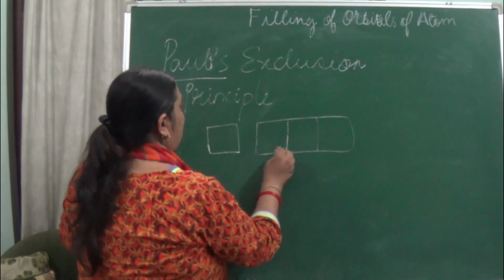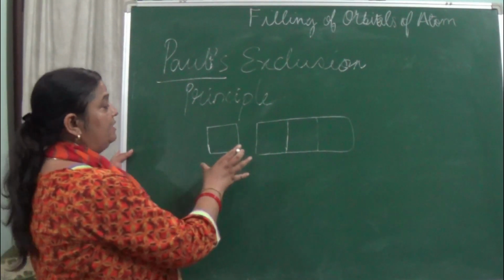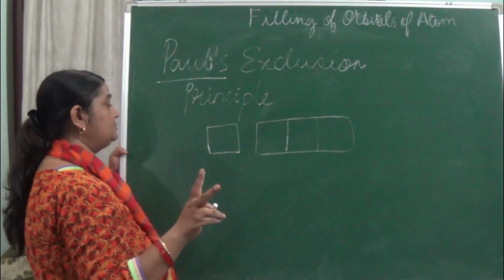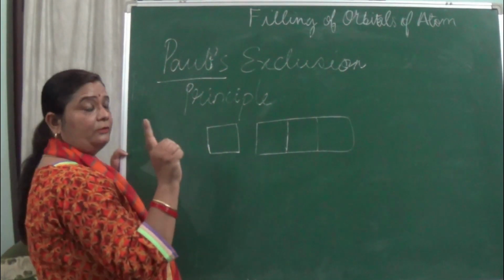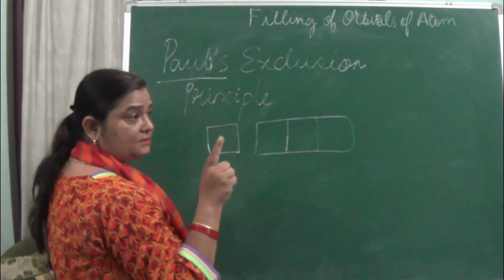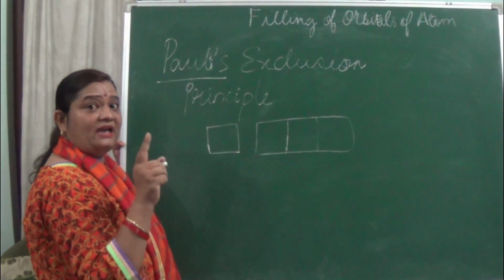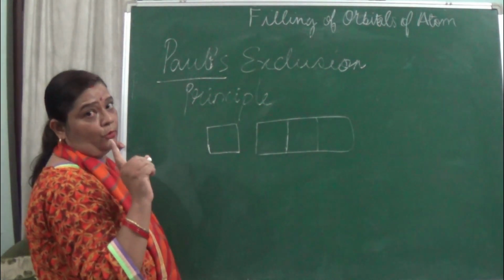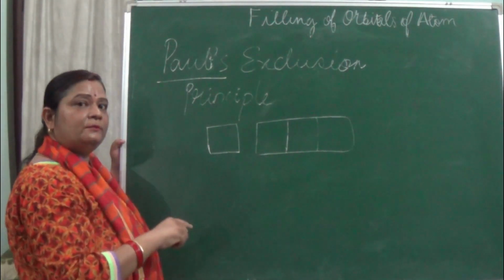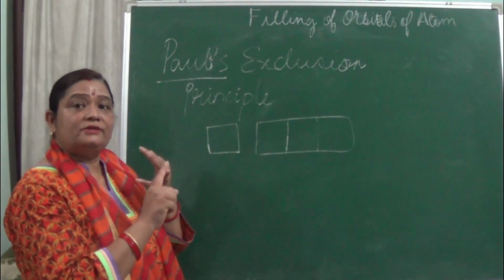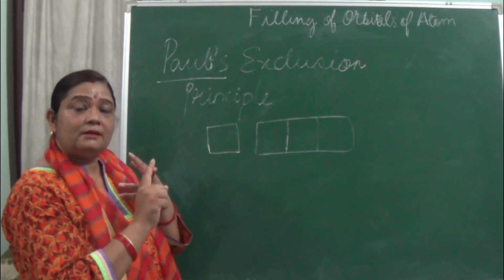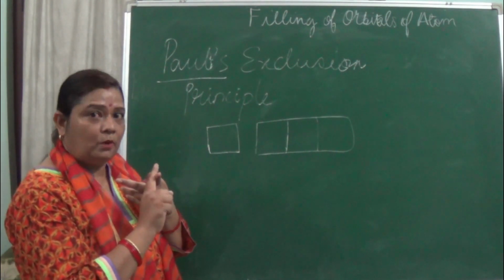You all know that an orbital can consist of only 2 electrons. So he said that none of the orbitals consists of electrons having the same set of 4 quantum numbers. So what were those 4 quantum numbers? Let us recollect: principal quantum number, azimuthal quantum number, magnetic quantum number, and spin quantum number.